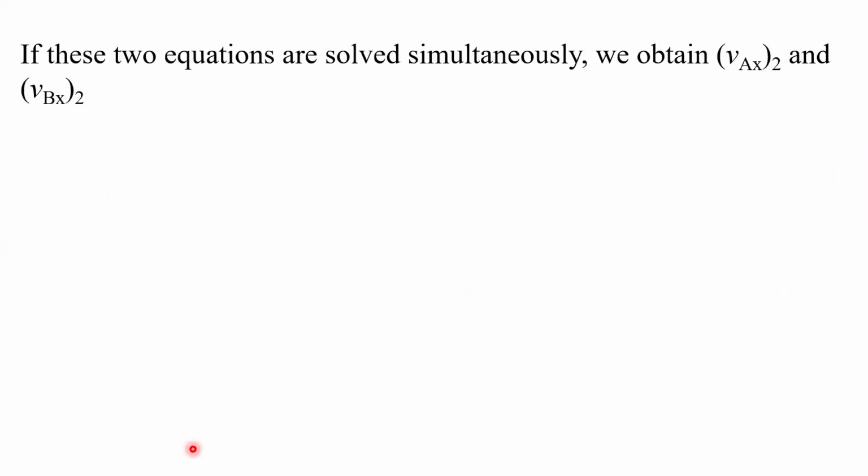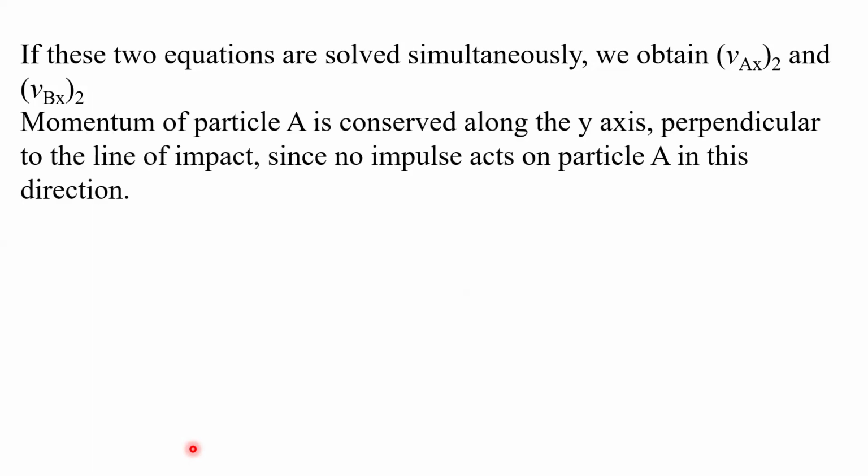If these two equations are solved simultaneously, we obtain VAX2 and then VBX2, that is the final velocity of particles A and B in the x direction. Momentum of particle A is conserved along the y-axis, perpendicular to the line of impact, since no impulse acts on a particle in this direction.